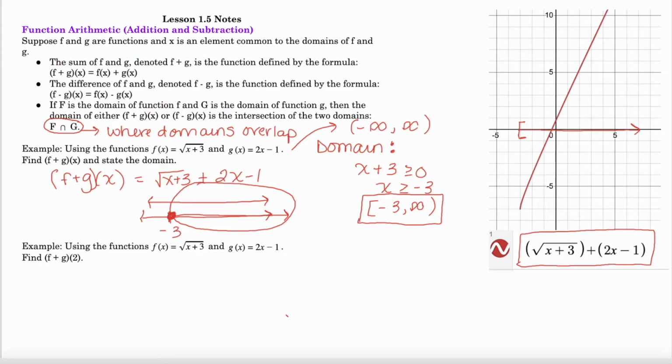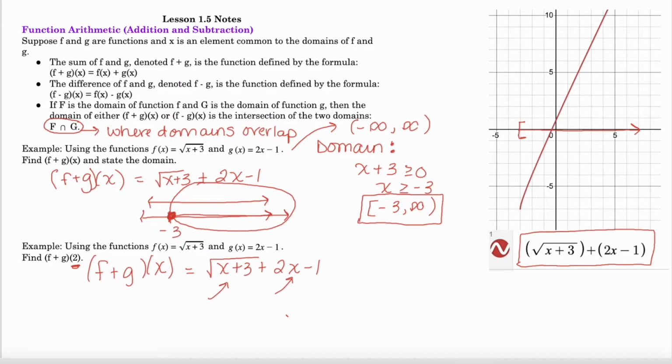Next example is use the same functions to once again add, but now we need to evaluate at positive 2. To do this, we already have our function set up, so I know that f plus g of x is equal to the square root of x plus 3 plus 2x minus 1. Now I want to evaluate. Wherever I see x, I'm going to replace that with 2 and simplify.